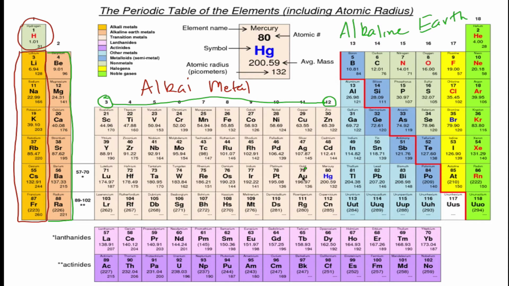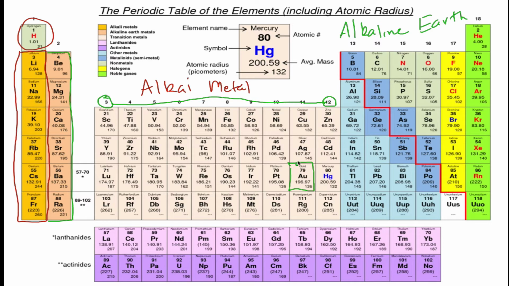So these are in transition, or in between those. They're less reactive than the first 2 groups, which means they can be found in nature with uncombined elements here. So you can find a lot of gold, like you can find gold nuggets in the ground because they don't have to be combined with any other element because they're less reactive.